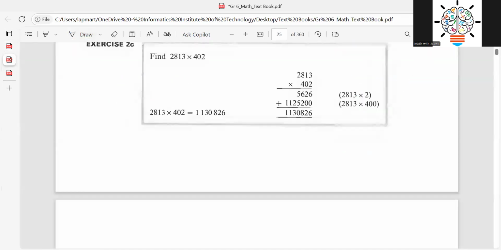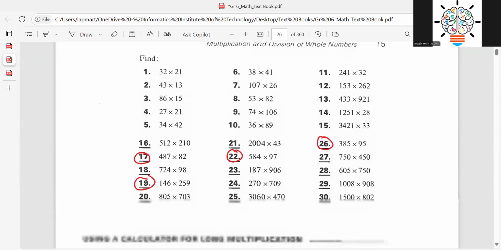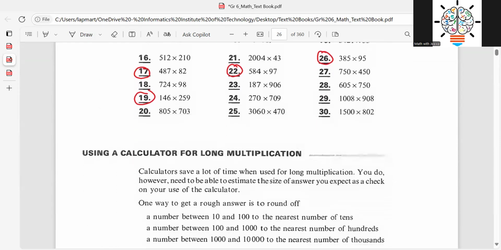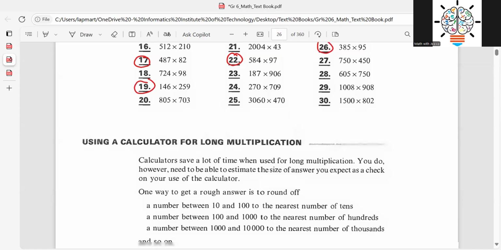Okay. So then we will move to using a calculator for long multiplication. You don't want to do this part because this is from UK, and in the UK they are using the calculators in the school, but here in Sri Lanka we are not using the calculators. Therefore, we don't want to cover this part.